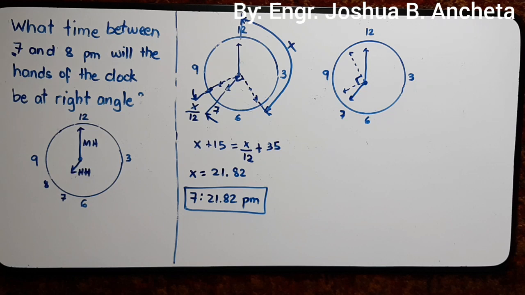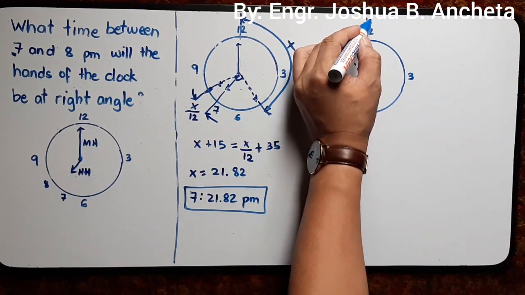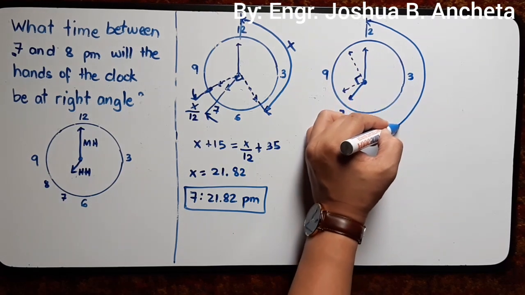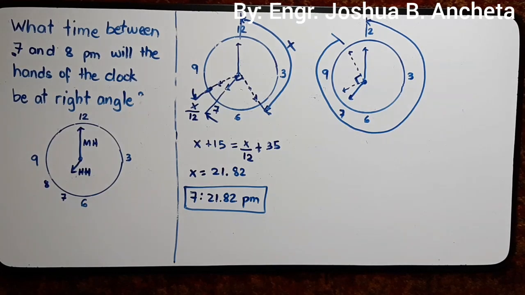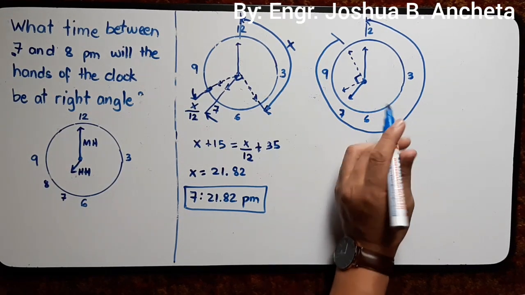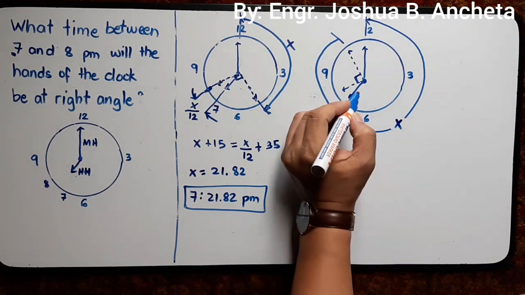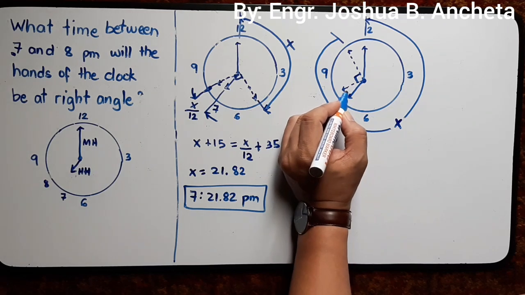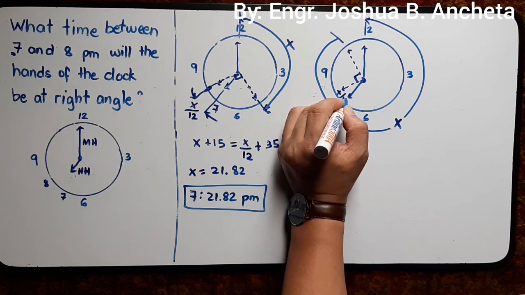Let us represent the movement of each hand of the clock. From the 12 o'clock position up to this position, that is the movement of the minute hand, which is normally represented by X. The movement of the hour hand from this position to this is X over 12.